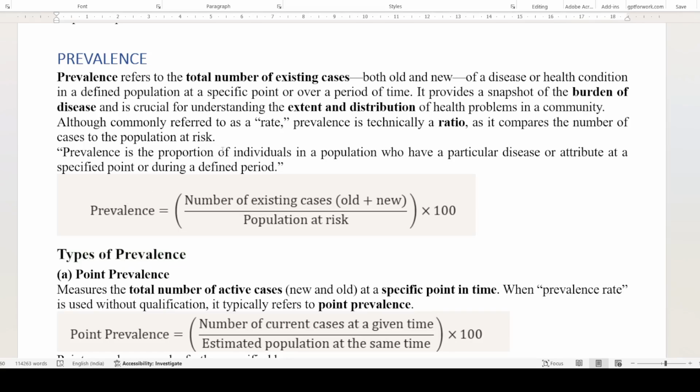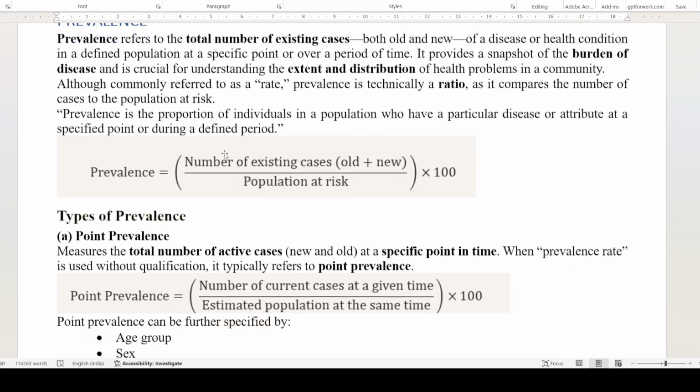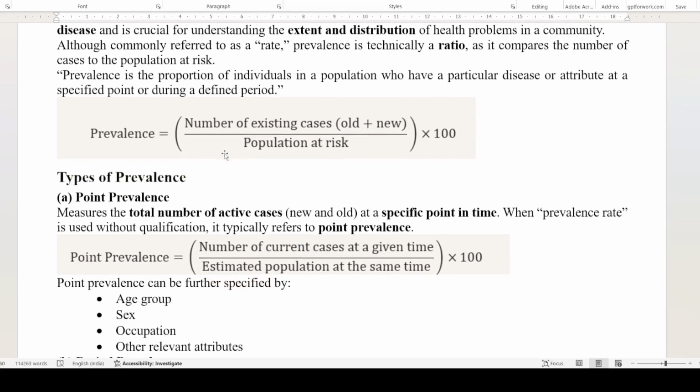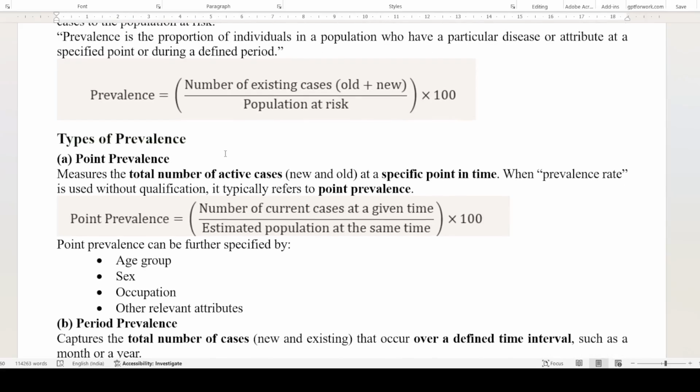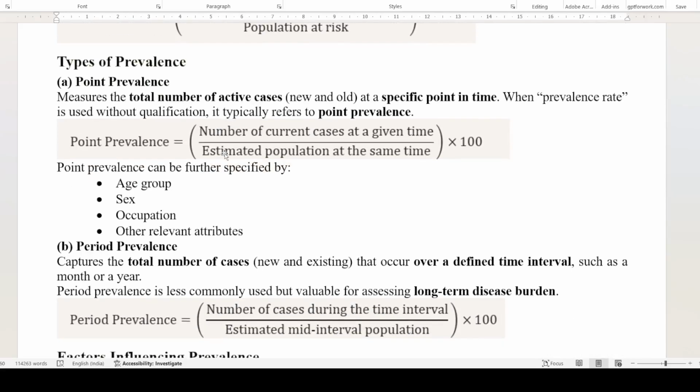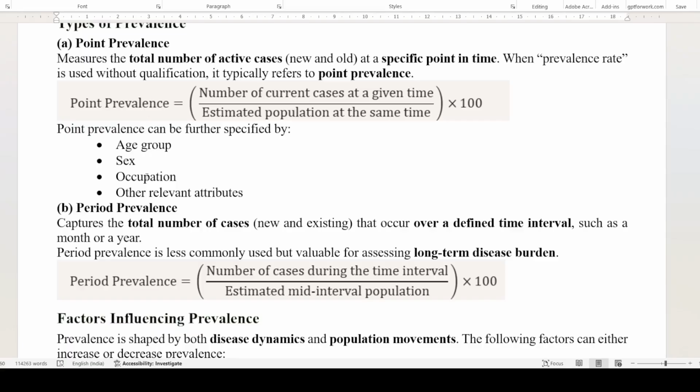So prevalence is the proportion of individuals who have a particular disease at a specific point or during a defined period. So there can be two types of prevalence, point prevalence and period prevalence. Point prevalence means both cases at a specific point in time, at a particular date.